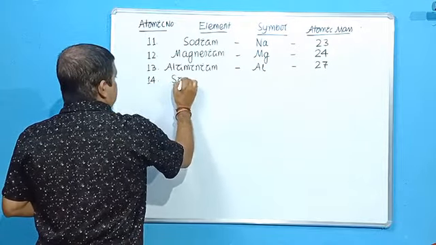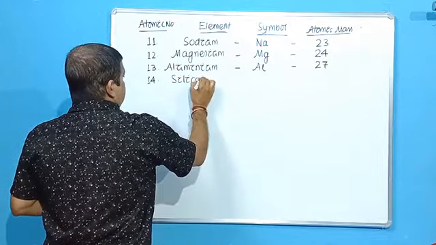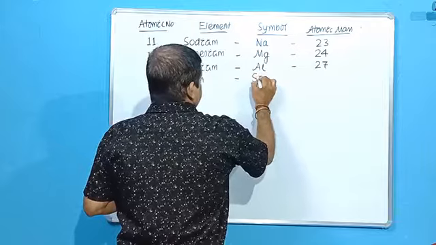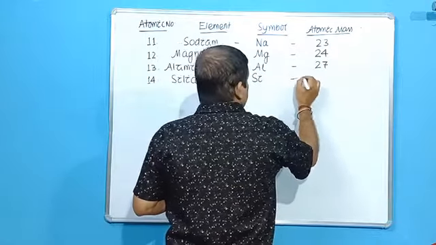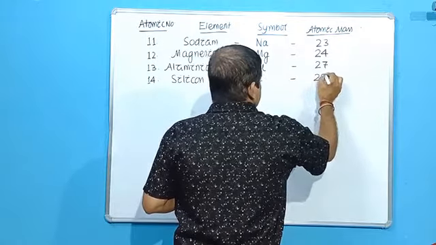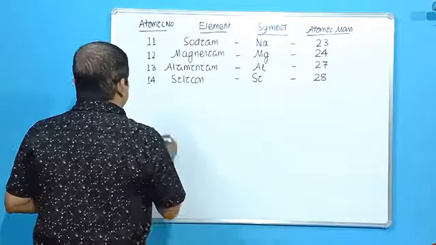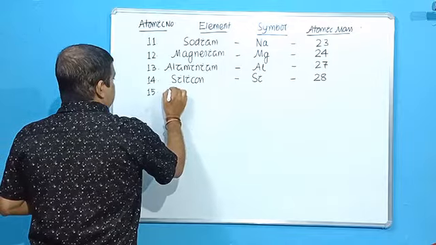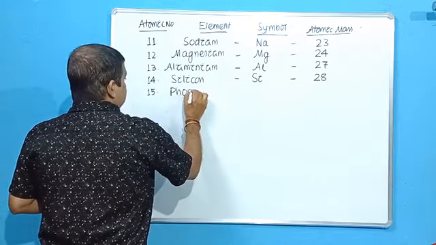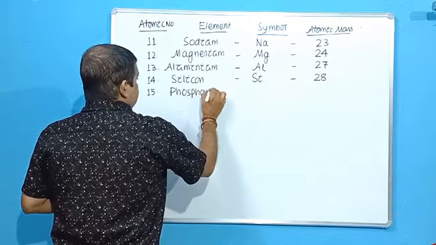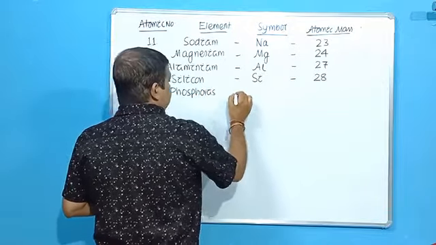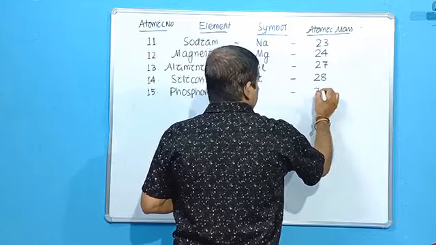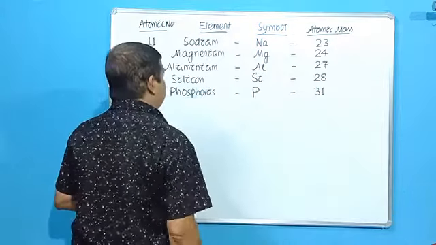14 is silicon. Si, 28. Then 15 is phosphorus. Symbol is P, mass is 31.